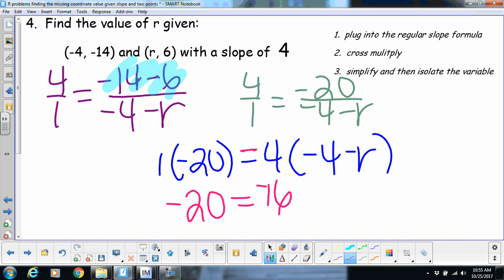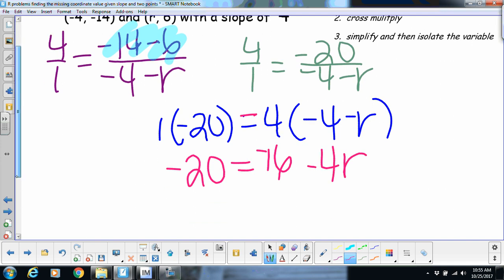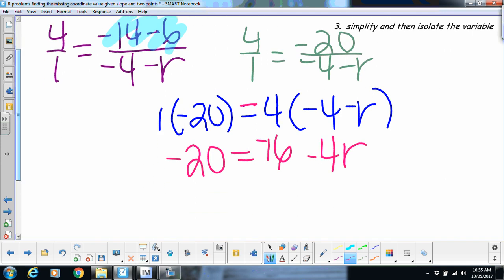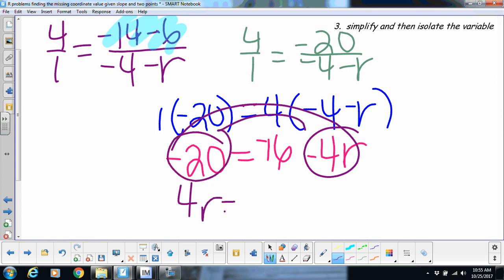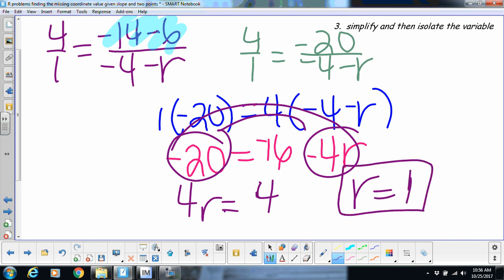Yeah, I thought that was a minus. All right. Okay, so what are you moving now? Okay, and remember, you can do it either way. If you wanted to move the 4r and put it on this side, you could. It does make it positive, and that equals 4. And then when you divide r equals 1. Either way, you're going to get 1. It doesn't matter. We're just usually in the habit of putting our letter on the left, so some people might have moved both.